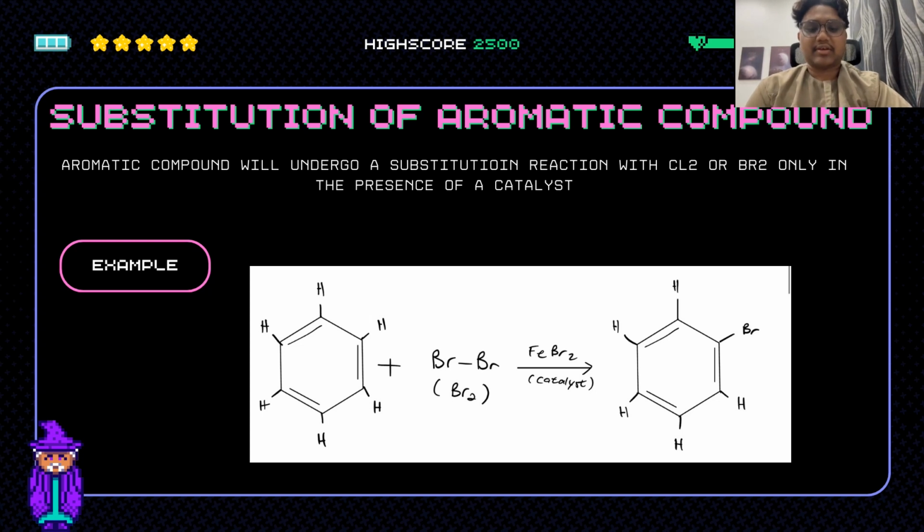We cannot react it just like that because the benzene is stable. So we need a catalyst, which is FeBr3. When we react it with FeBr3, the H from the benzene will undergo substitution and bromine will take its place on the benzene, together with excess of HBr.